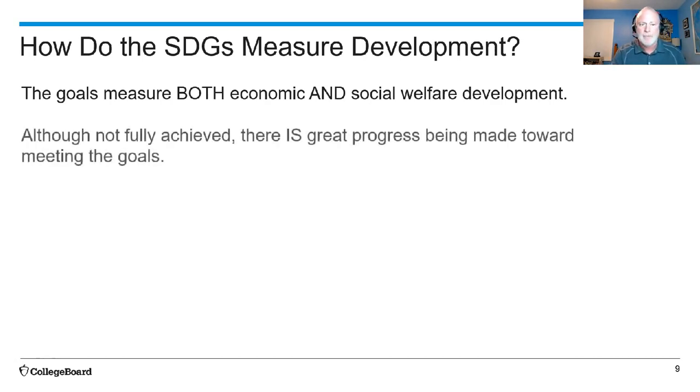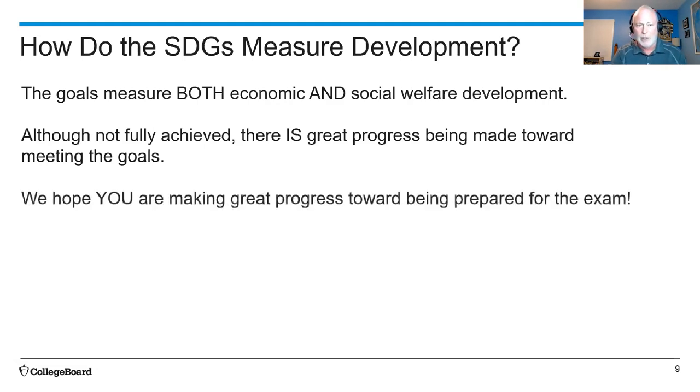So although the progress has not fully met the achievement targets that were initially set out, we need to remember that there is tremendous progress being made towards meeting these 17 Sustainable Development Goals.